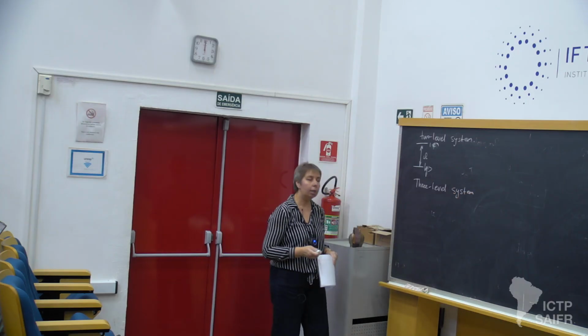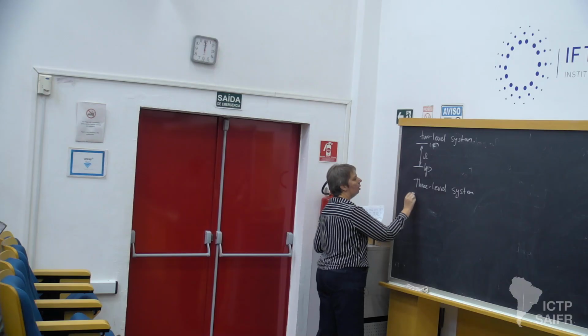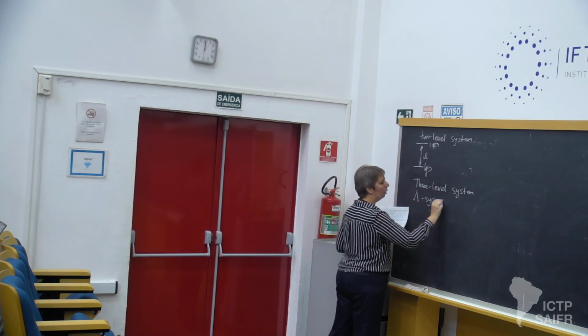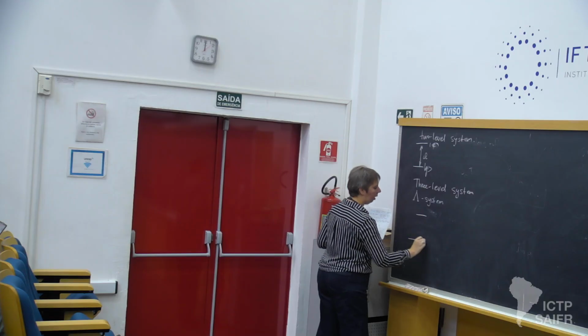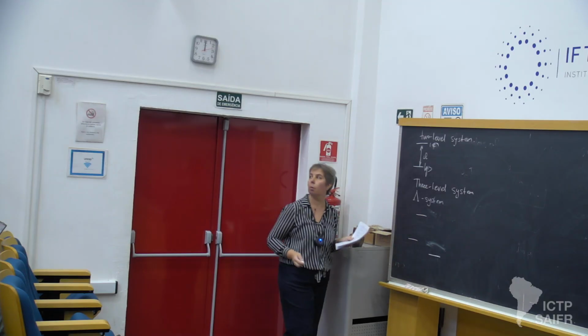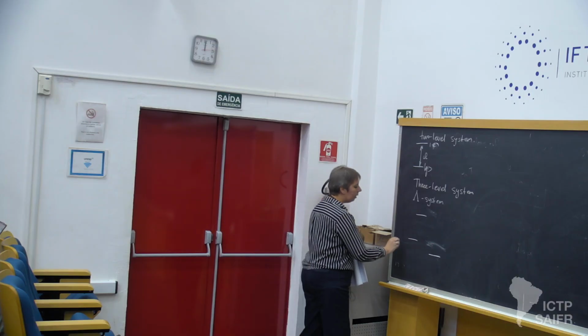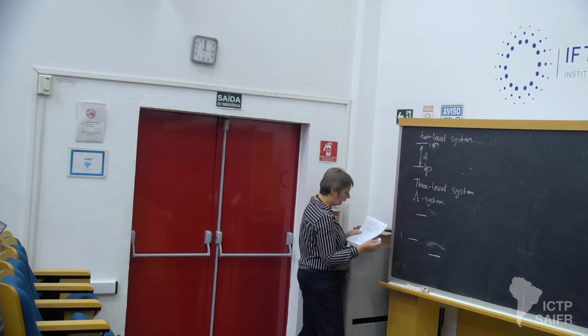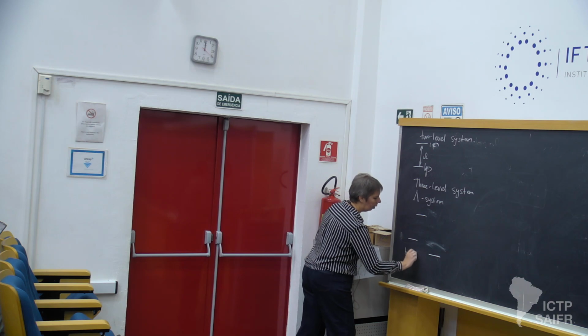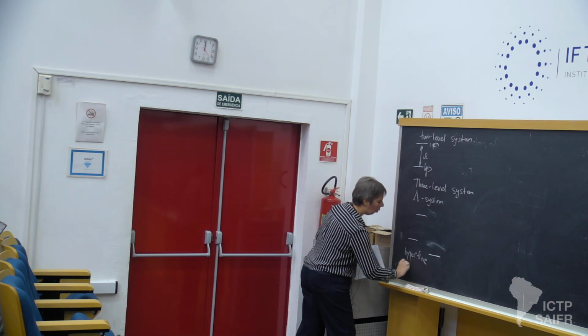This is the canonical three-level system, a lambda system, where we have two states. They can be degenerate or not. In this case, usually these are the ground states. They can be hyperfine states or Zeeman states.